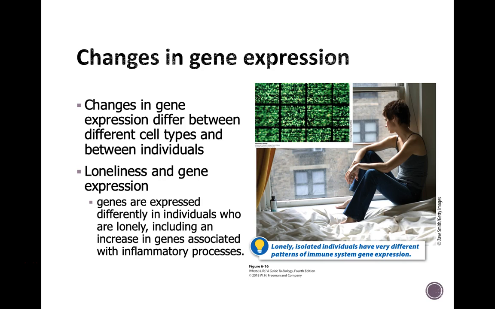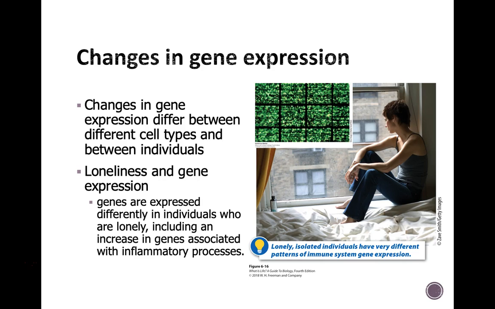So they found that these 209 genes were associated with increased gene activity in genes that were related to inflammatory processes. So inflammatory processes are medical conditions that lead to inflammation and swelling and things like that.